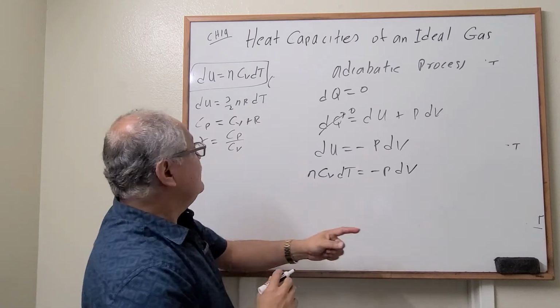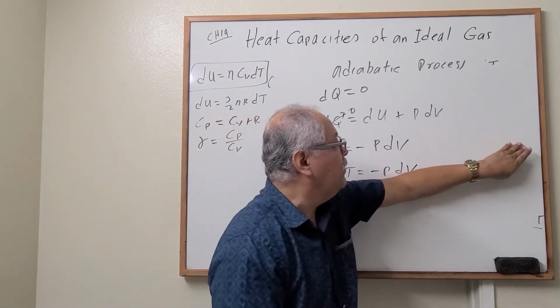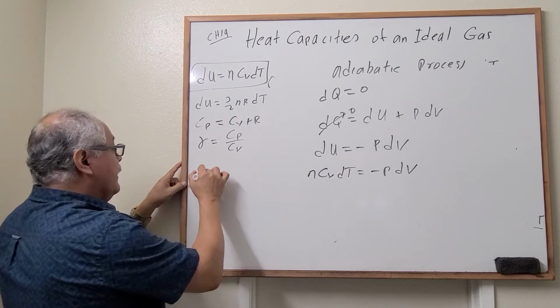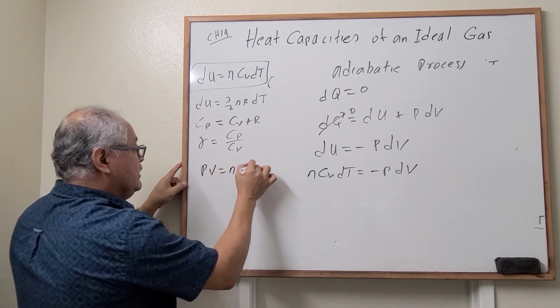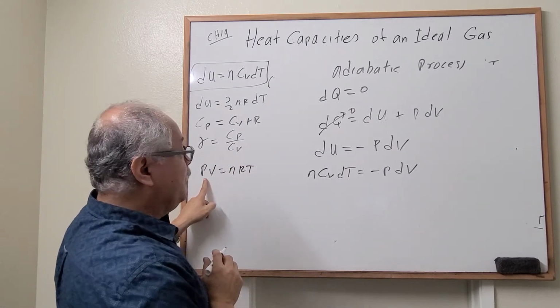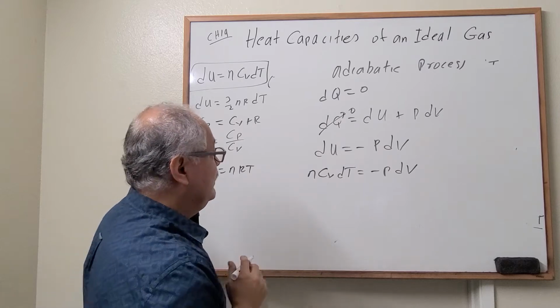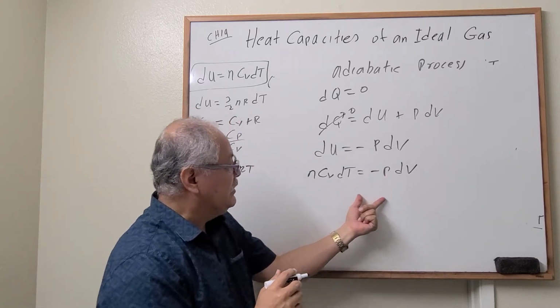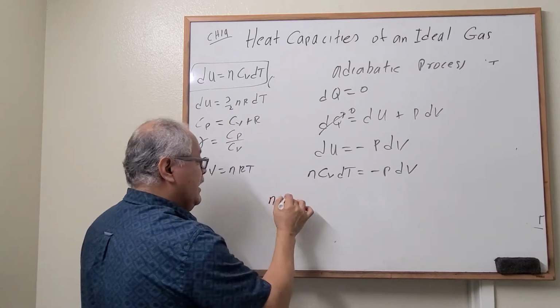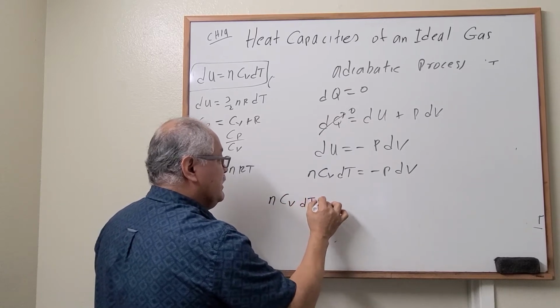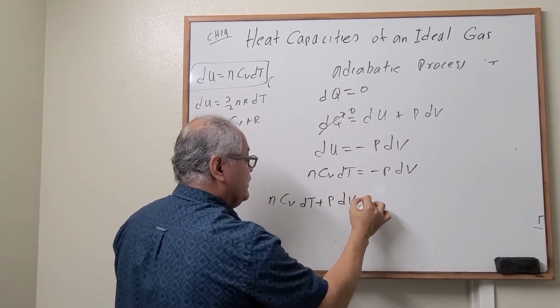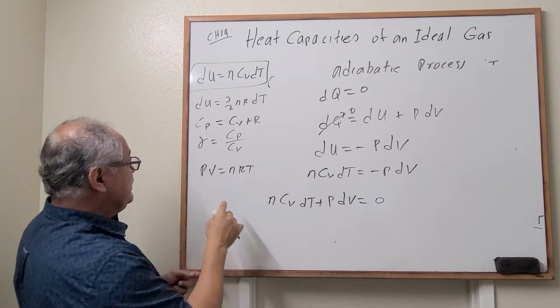But again, let's use the ideal gas law, which says that PV is equal to nRT. Actually, we can send this term to this side, and we have n Cv dT plus P dV is equal to 0.